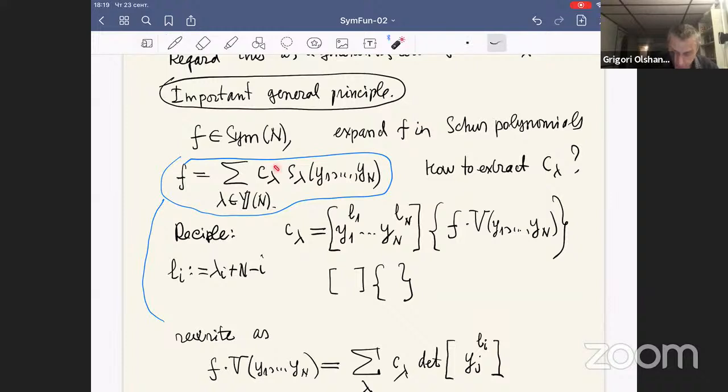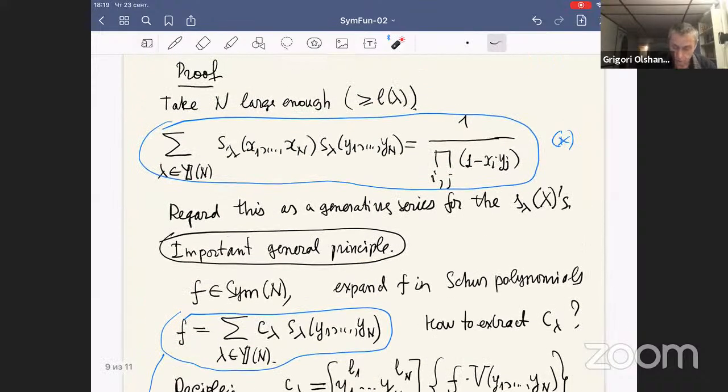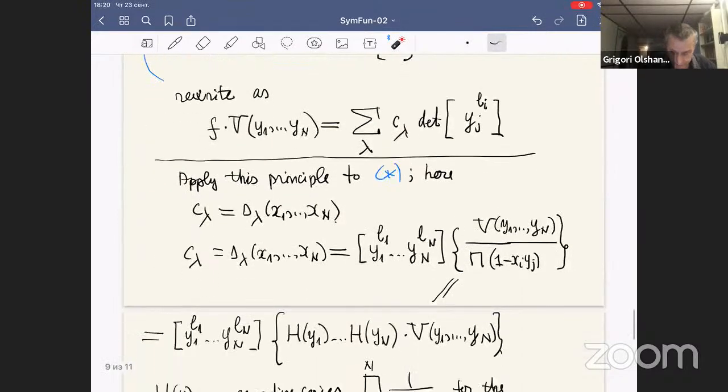To extract this coefficient, just multiply this polynomial by the Vandermonde and try to extract the coefficient of the monomial, and applying this to the Cauchy identity after some manipulation with determinant, expansions, and so on, we get the desired result.